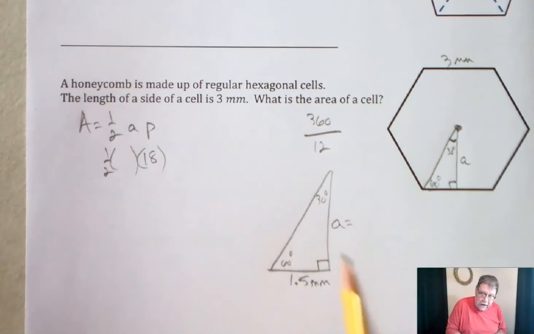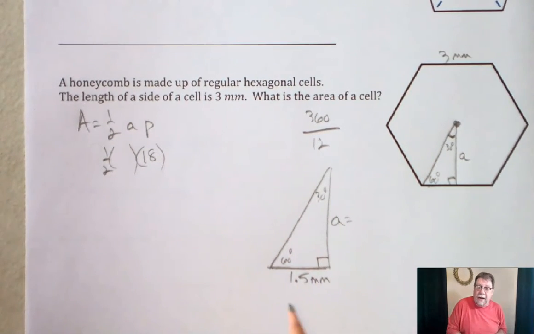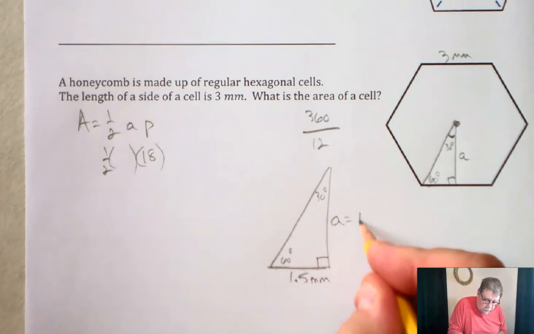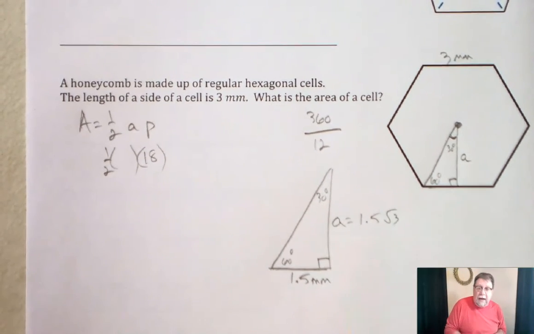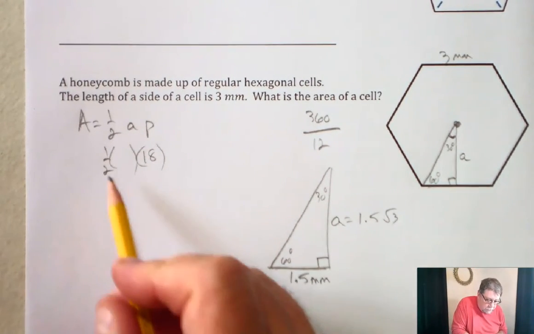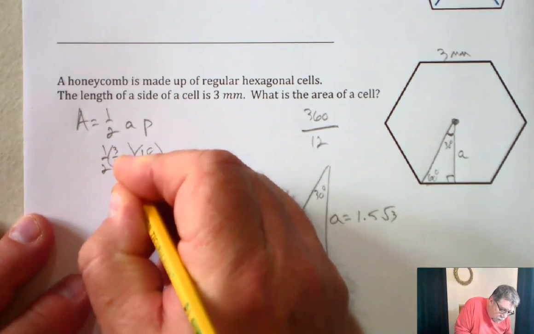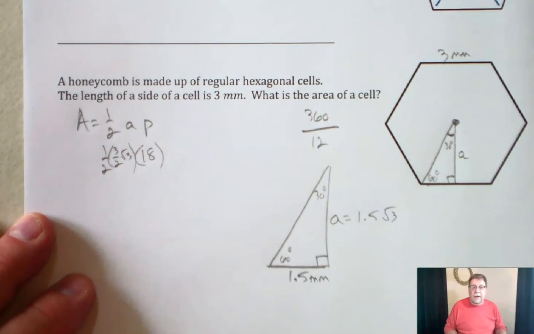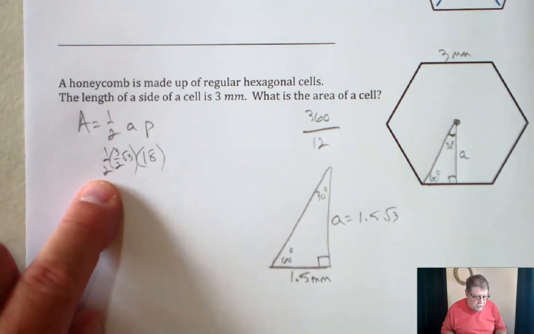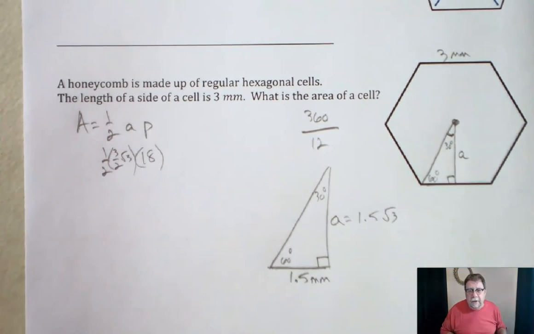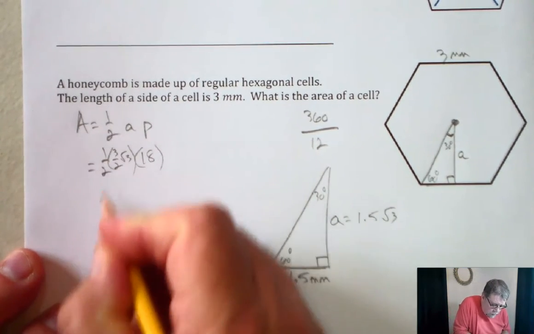This is a 30, 60, 90. The short leg times radical 3 is the long leg. So this is going to be 1.5 times radical 3. I'm actually going to write the apothem as 3/2 radical 3, because I have a fraction here already. We can probably turn it into a decimal in a minute.